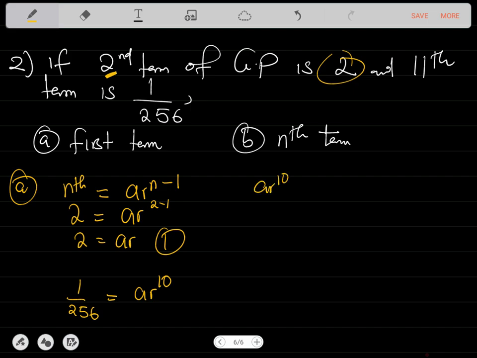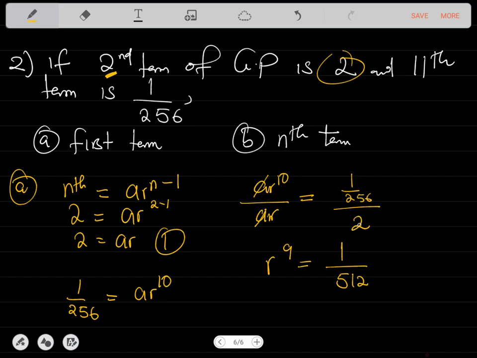Get a r to the power 10 divided by a r. Also get their numbers. So here it will be 1 over 256 over 2. So I cancel a, I cancel a. r to the power 10 over r gives me r to the power 9. I'm dividing here, so I'm going to get 1 over 512.